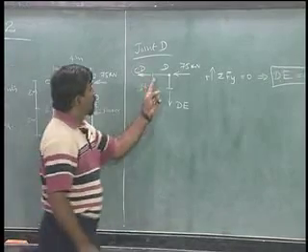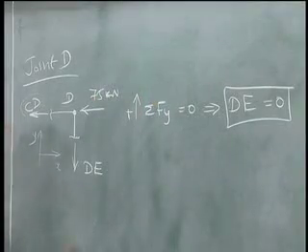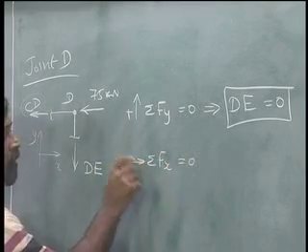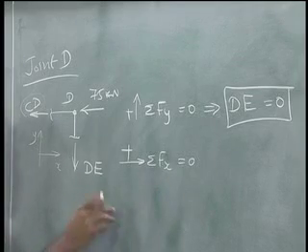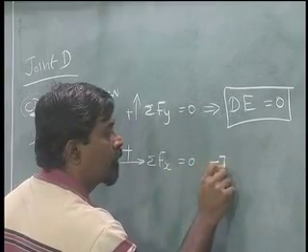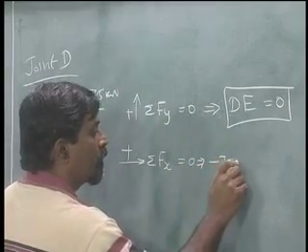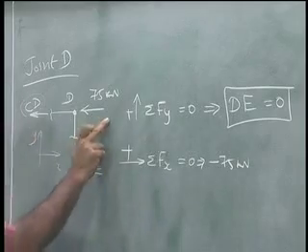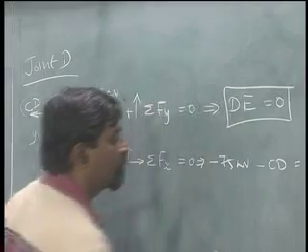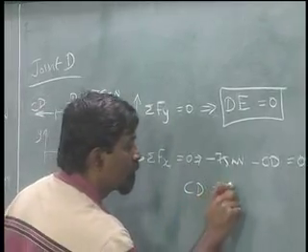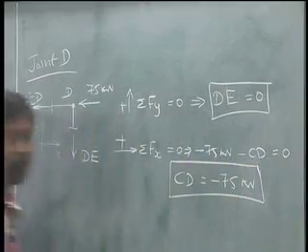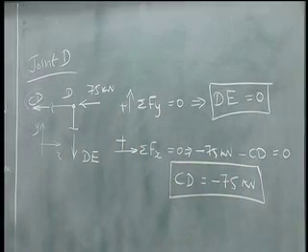Now let us look at this CD, and that can come out from sigma Fx equals 0. Mind you, I always take this direction as positive. Here I have minus 75 kilonewton minus CD equals 0, which means CD equals minus 75 kilonewton, right.